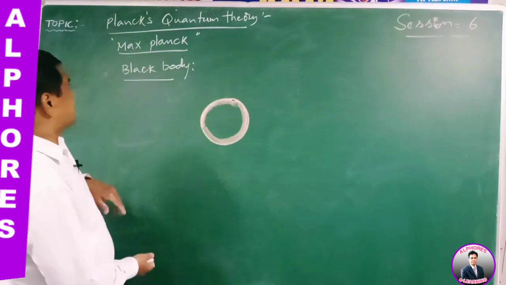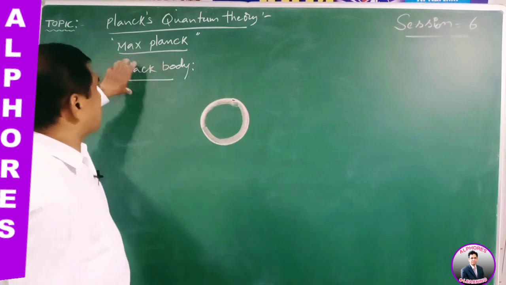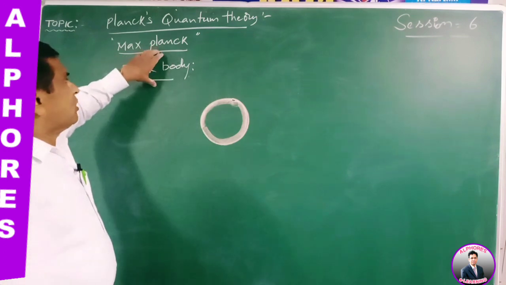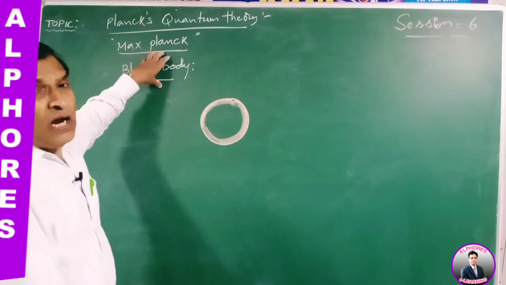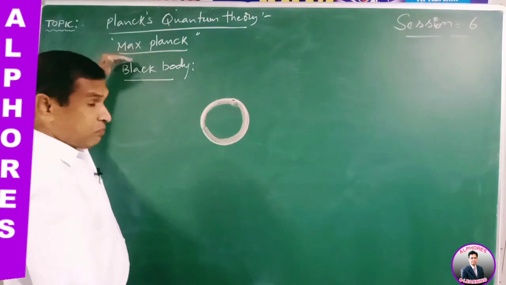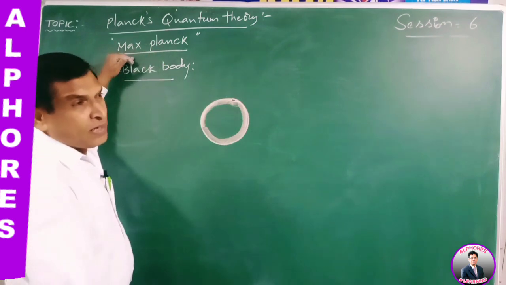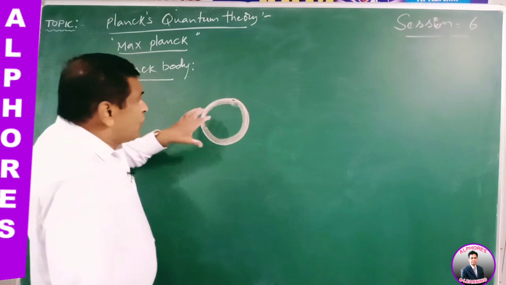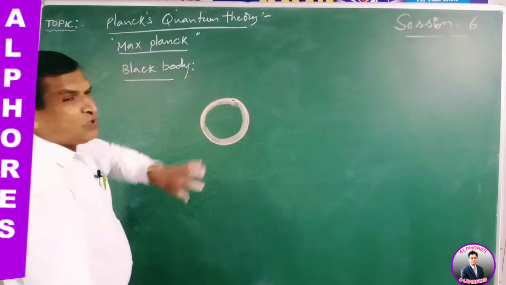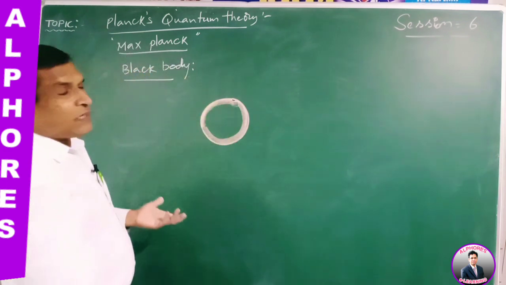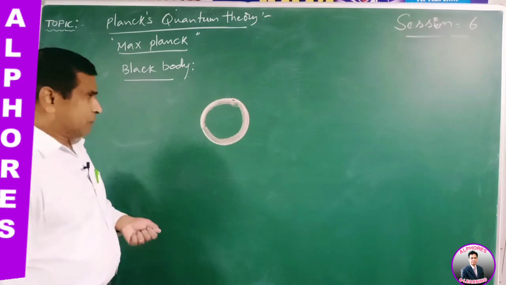Once again, let us get back to the definition of the black body. The perfect absorber and also a perfect emitter of radiant energy is called black body. Now how to construct an artificial black body, because there is no naturally existing black body at all?